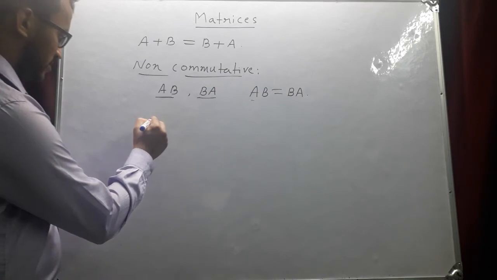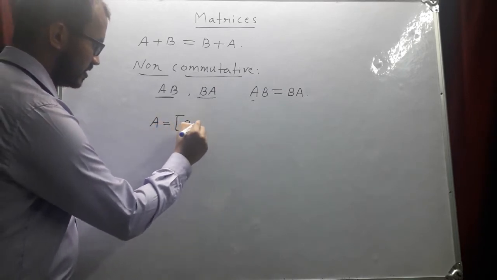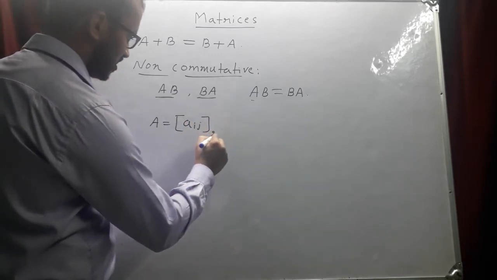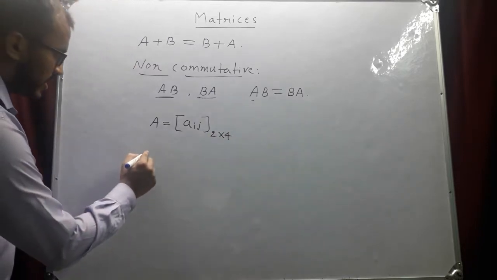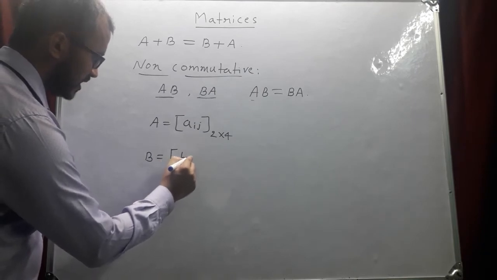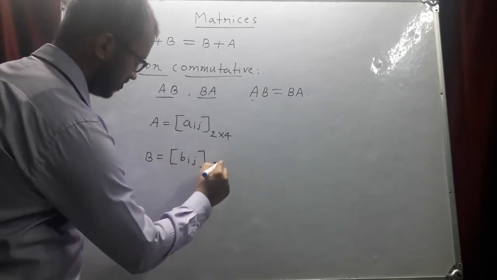For example, consider the matrix A equals Aij of the order 2 by 4. Again consider the matrix B equals Bij. It is of the order 4 by 2.